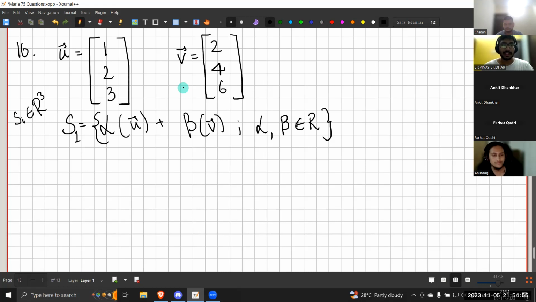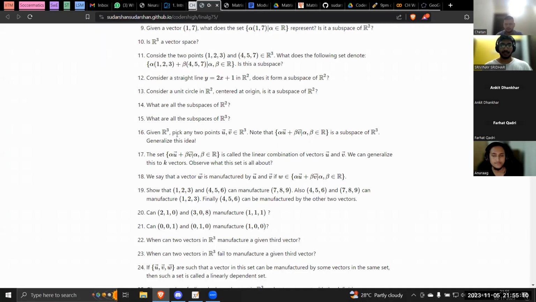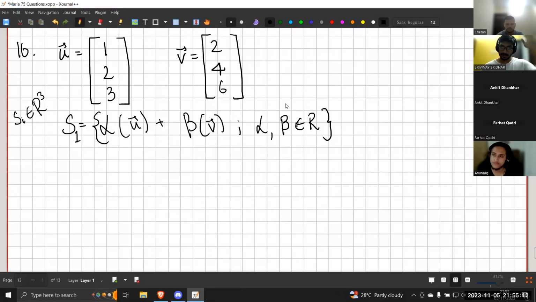So what would S1 be? Where will the points of S1 lie? Do we want to see it geometrically, or maybe just by looking at it, where do you think it should lie?